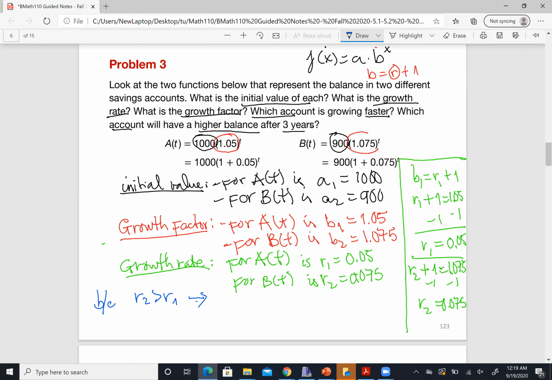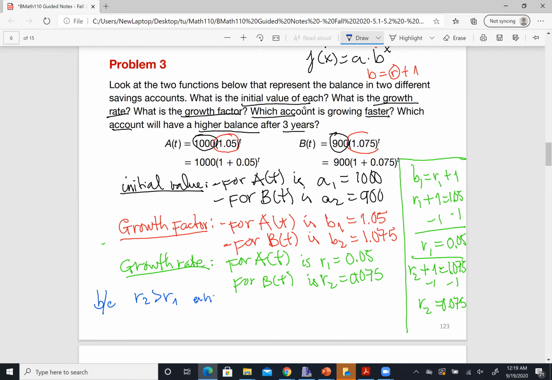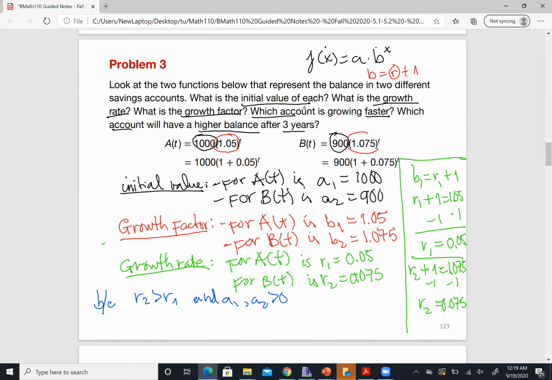I may have to mention A also, and A1, A2 greater than 0, because that meets the requirement for the growing or decaying function. So I just want to mention that mainly it's R2 with R1.